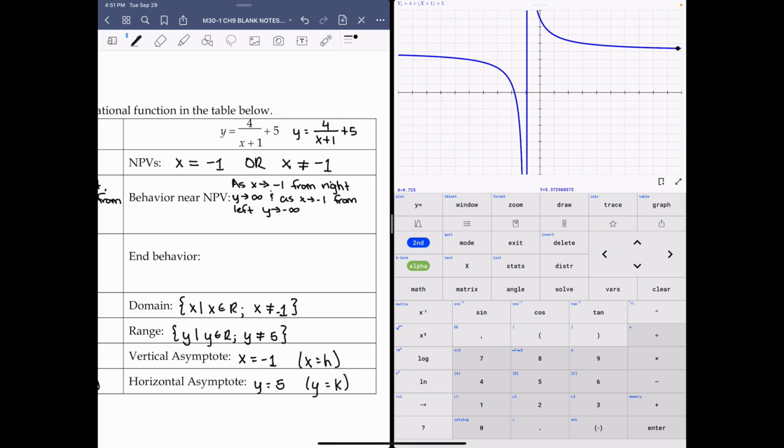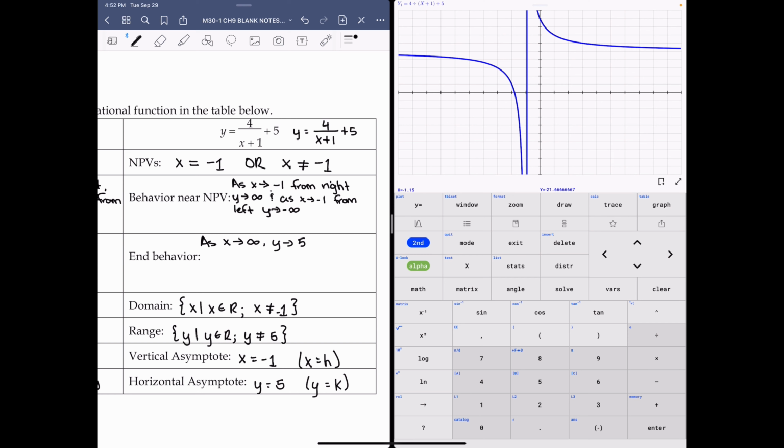So we see here we have y equals 6.48. It's getting closer to 5. It's now 5.8, 5.7, 5.6, 5.5, 5.4, 5.3, and it's going to continue getting closer and closer to 5. So as x approaches infinity, y approaches 5.